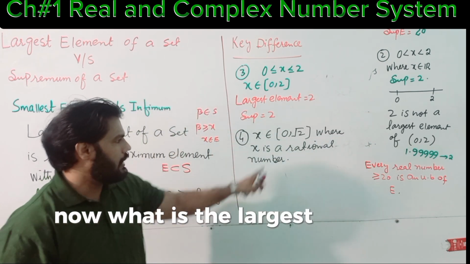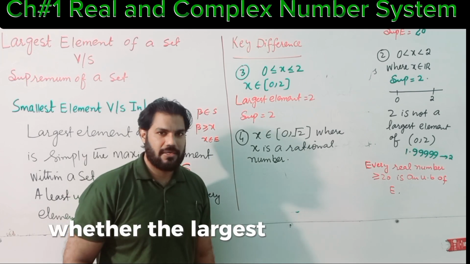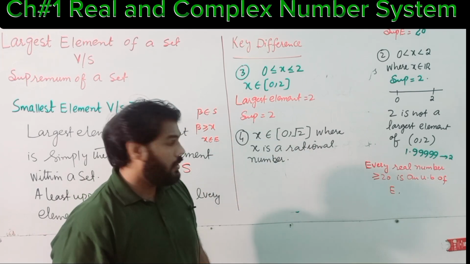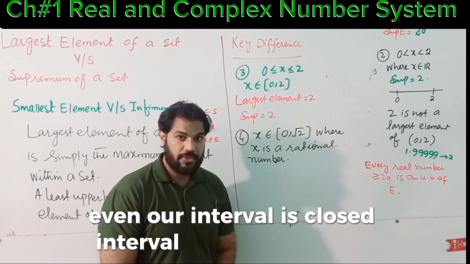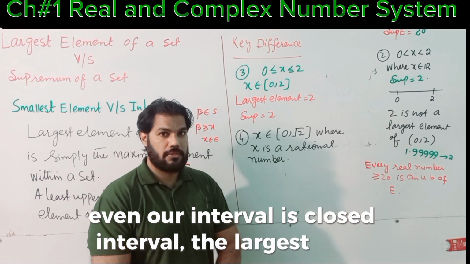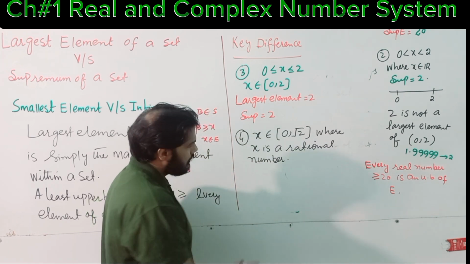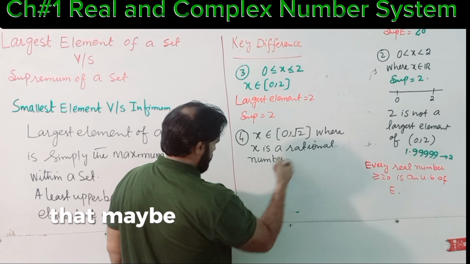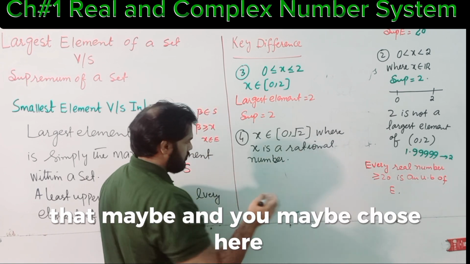Now, what is the largest element of this? Does the largest element exist, even though our interval is a closed interval?